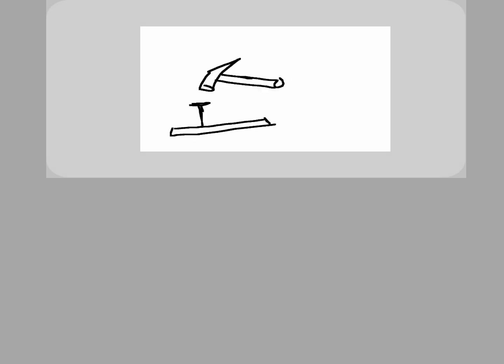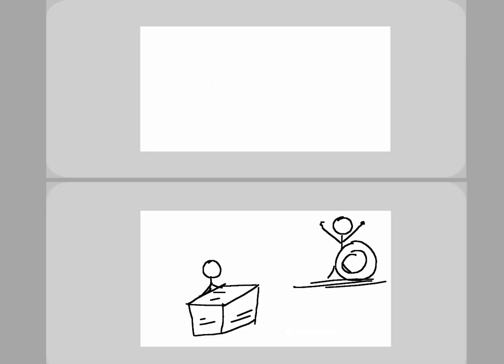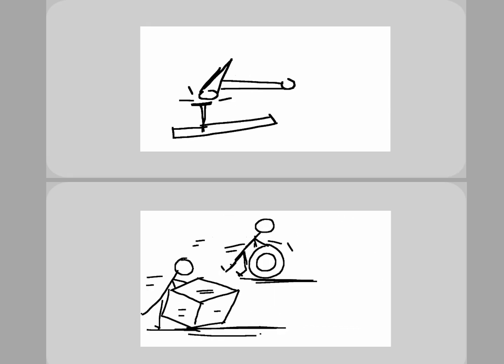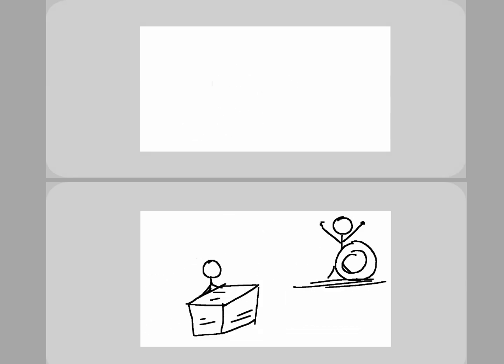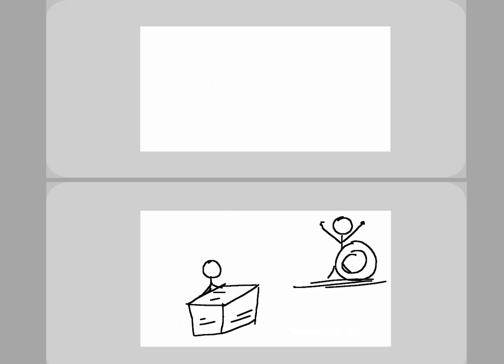At the same time, the nail is able to hold. It is not coming out after hitting it, because of the frictional force. In the second one, we see a person rolling a circular object and another rolling a cuboidal object.